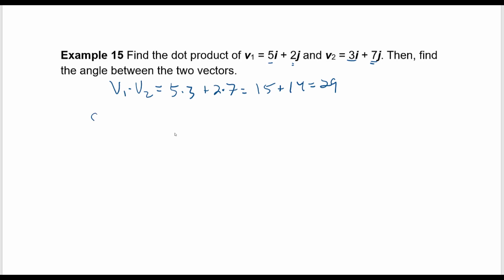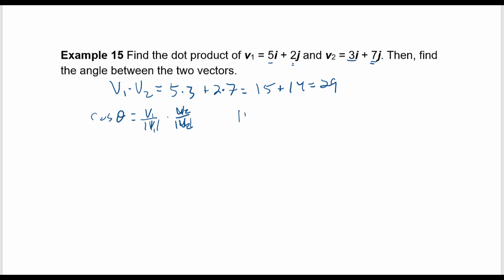Now for our angle, cosine of theta is going to be v over the magnitude of v dot u over the magnitude of u. I think I should correct myself. We're going with v1 and v2 here.